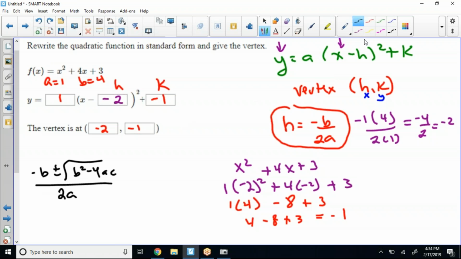You see this? That part of it right there is really the x value for the vertex. So that's where that comes from.